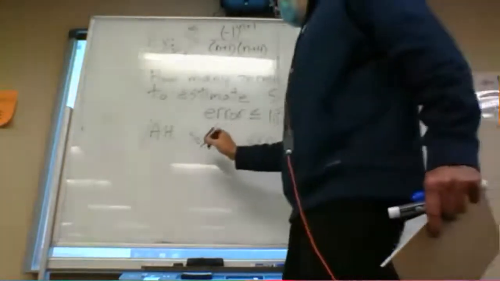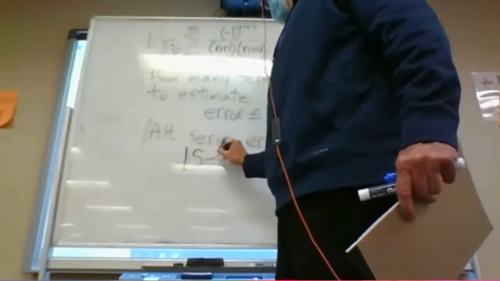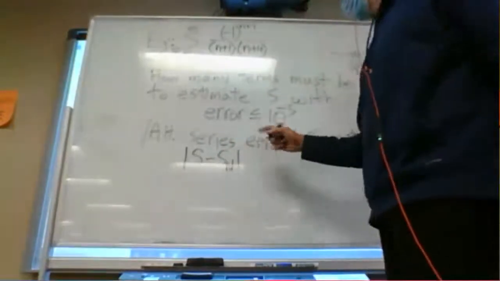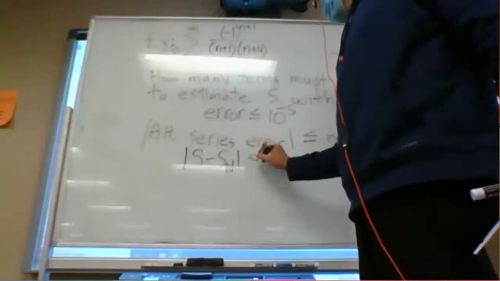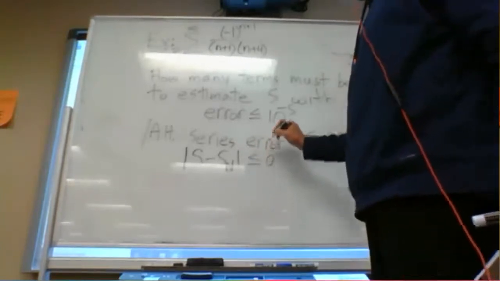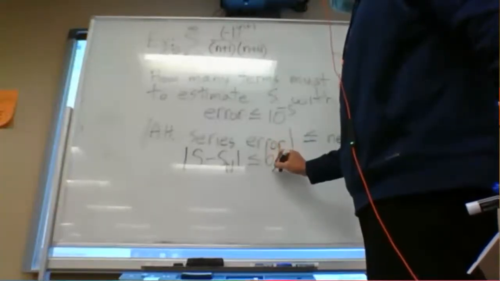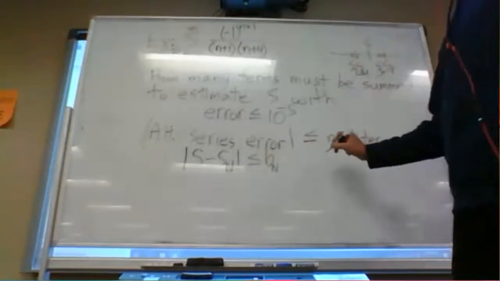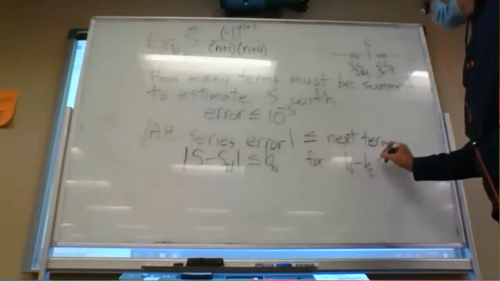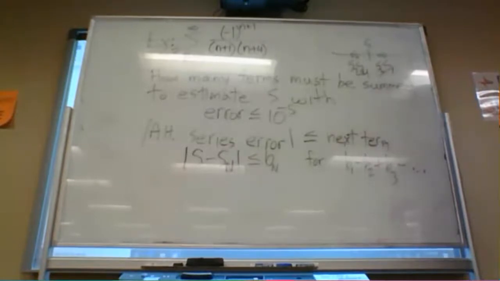So, in other words, to write it out more formally, S, the sum of the series, minus Sn, the sum of the first n terms, that error is less than or equal to Bn plus 1, the letter that the book uses, for a series B1 minus B2 plus B3 minus B4, alternating in sign like that.